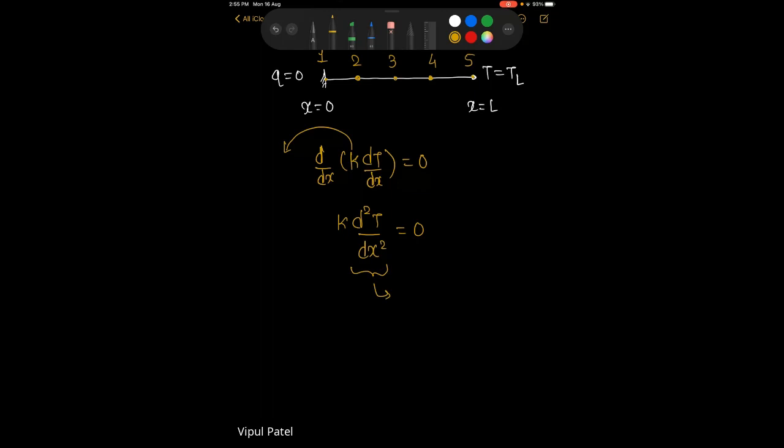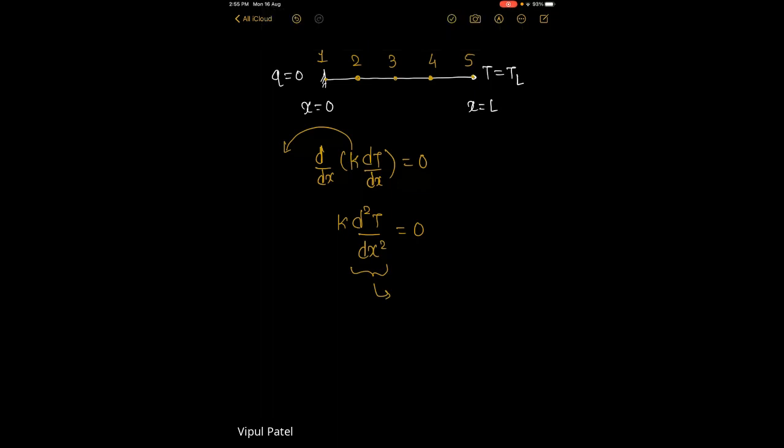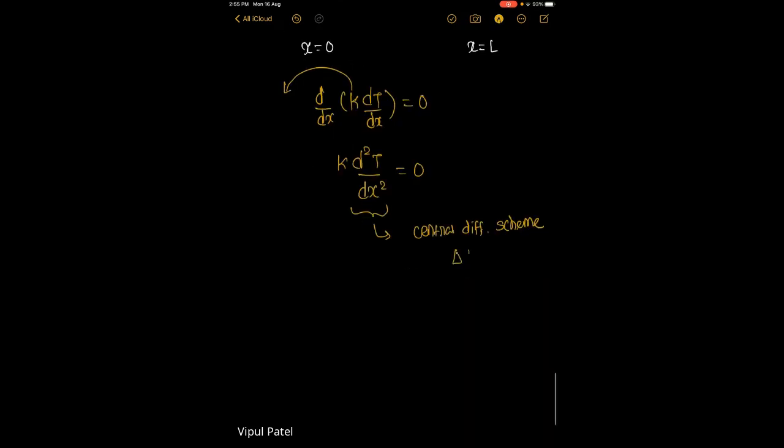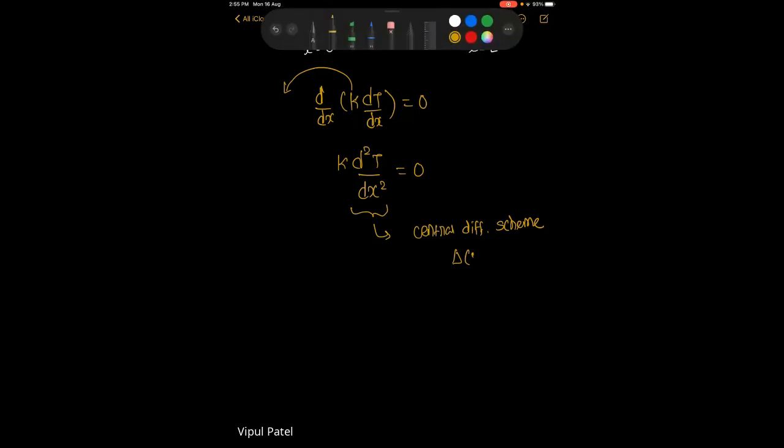For that we have already derived an expression based on the central difference scheme, and the order of accuracy of that scheme is delta x square, or you can say second order accurate is the appropriate word.